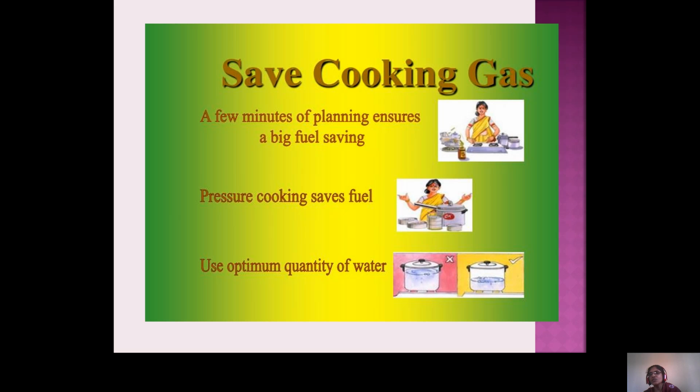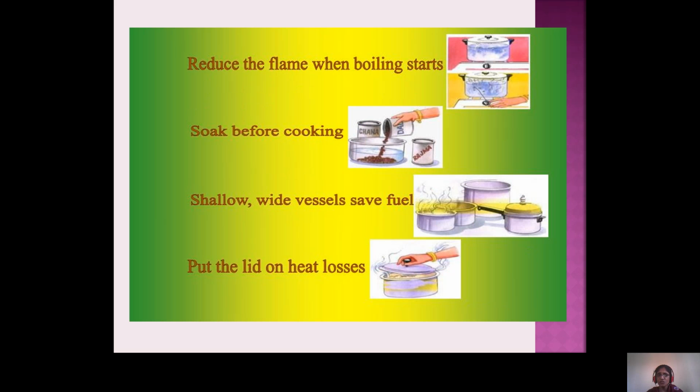Next, pressure cooking saves fuel. Use an optimum quantity of water; whatever quantity is needed, use that quantity. Reduce the flame when the boil starts.